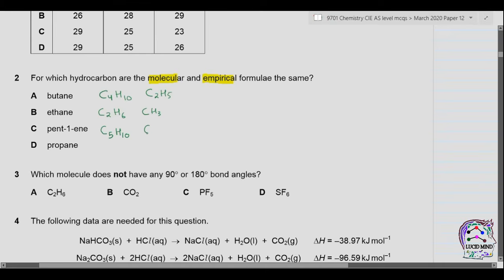The empirical formula is CH2. For propane, we know that there are 3 carbon atoms and 8 hydrogen atoms. Now this ratio cannot be simplified further, so the empirical and molecular formula are the same. So it means that the answer is D.